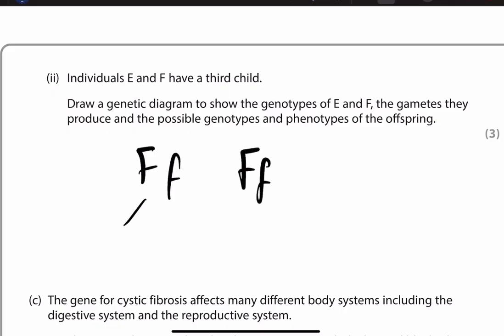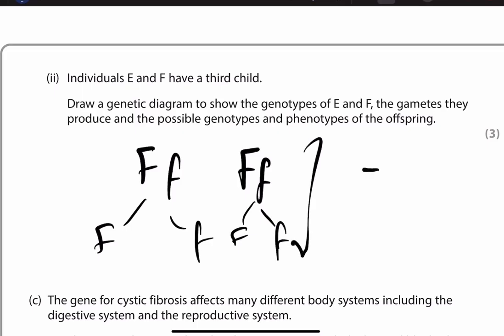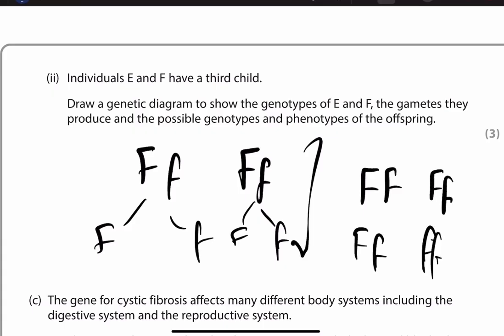The gametes they produce are that and that, right? These are the gametes they produce. Now, when they assort, you can get that, that, that, that as their outcome.